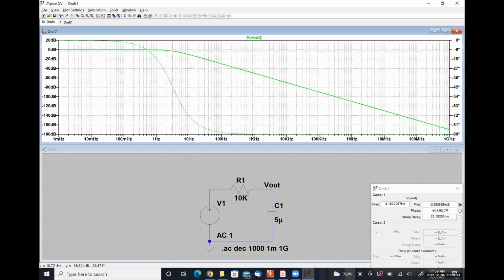So if you and your peers don't get the exact same looking graph, it might be just because you set your boundaries of your simulation up differently. But as long as you're hitting -3 dB at the center frequency minus half the bandwidth, and you're hitting -3 dB at the center frequency plus half the bandwidth, you've got it right.